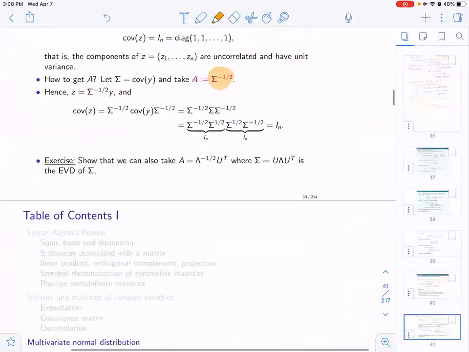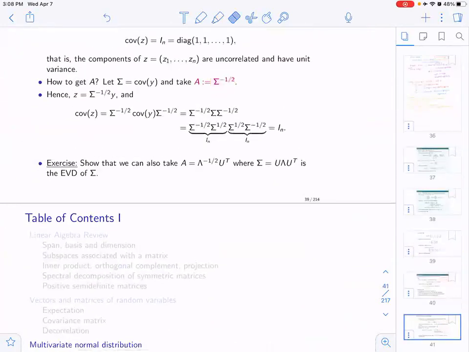The inverse of a positive semi-definite matrix is still positive semi-definite. Another way of seeing this is that if sigma is U lambda U transpose, then sigma negative 1/2 is you can just apply negative 1/2 to the middle guy. So that's another way of doing it.